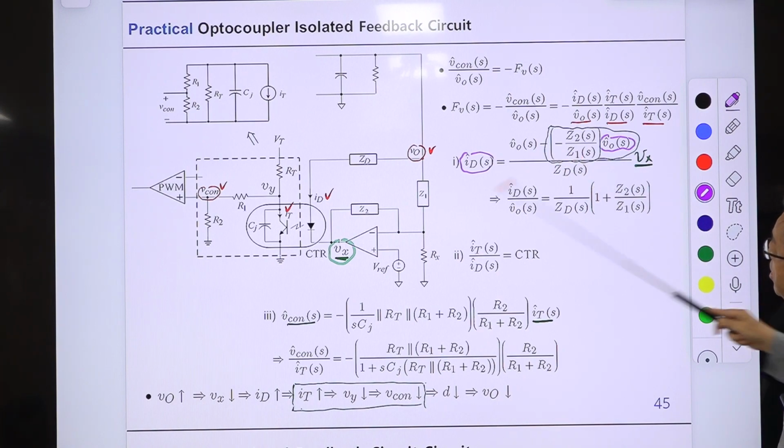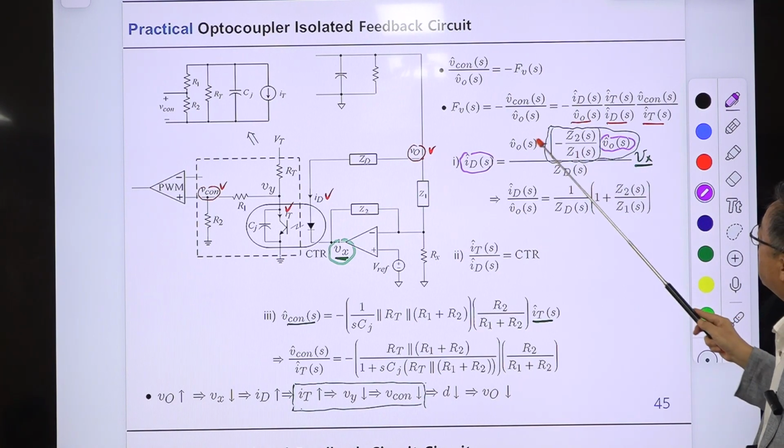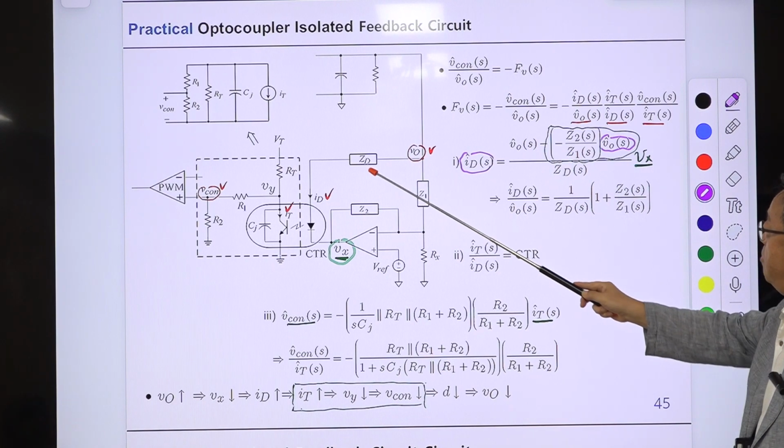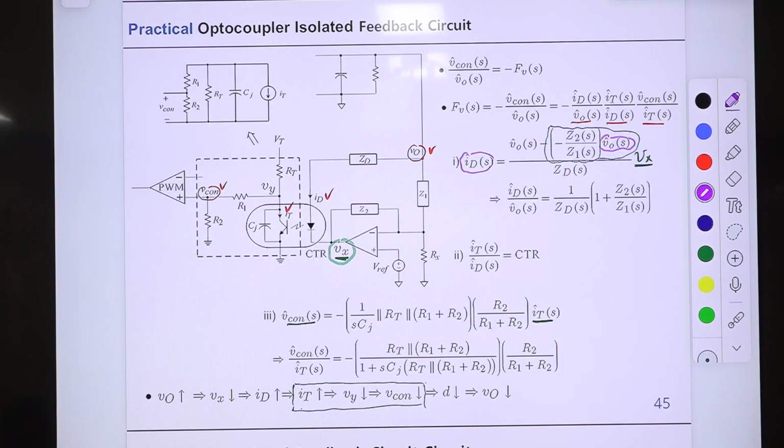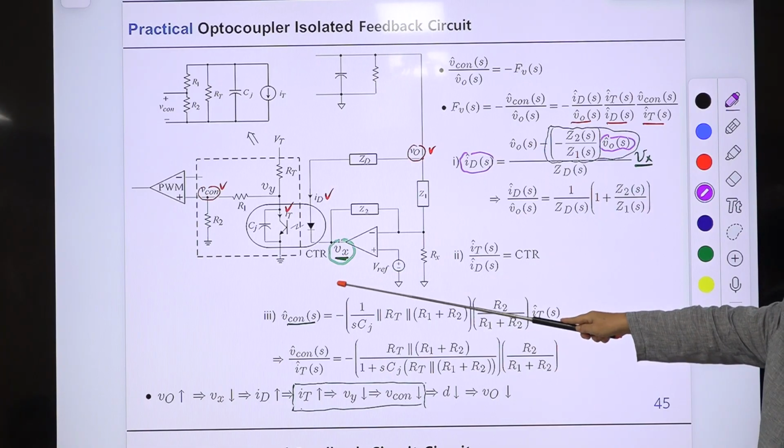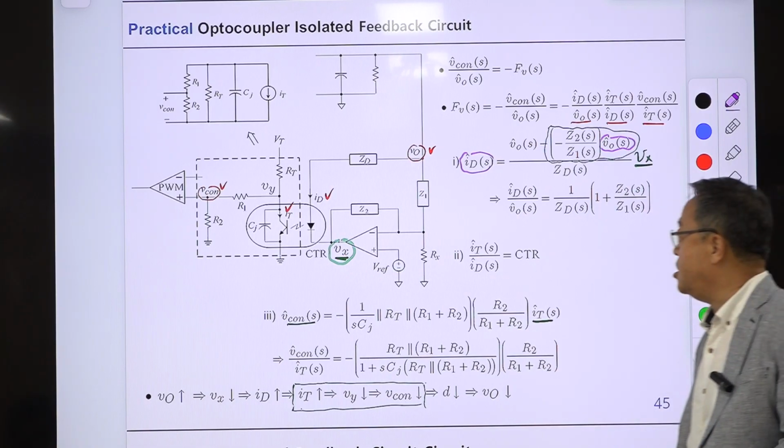Then the current is the division of this voltage difference by this impedance GD. Right? So you have VO here. Then this can be rearranged like this. So we have this expression. So we resolved this, and this quantity is the voltage here. Okay. The second one is extremely easy.